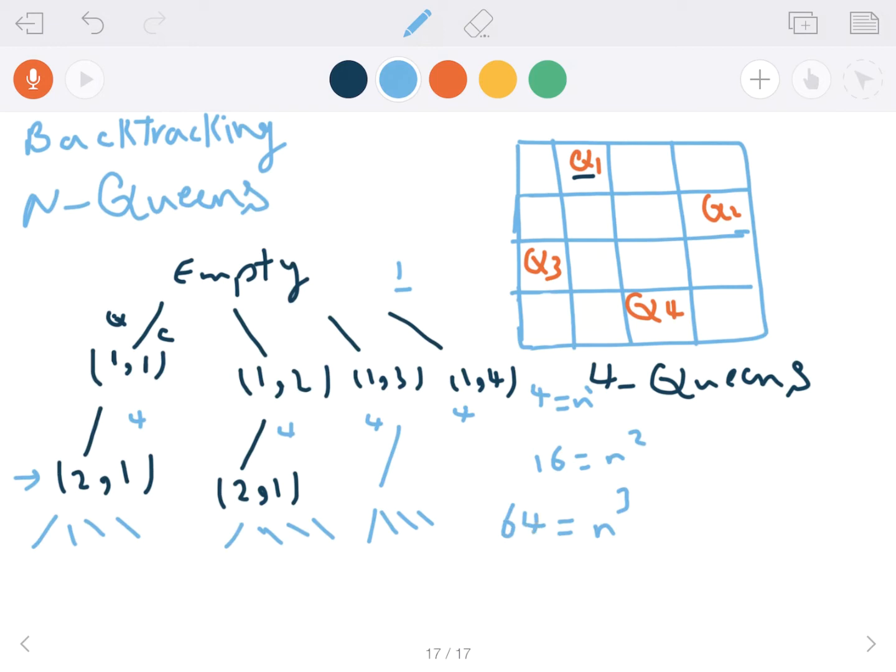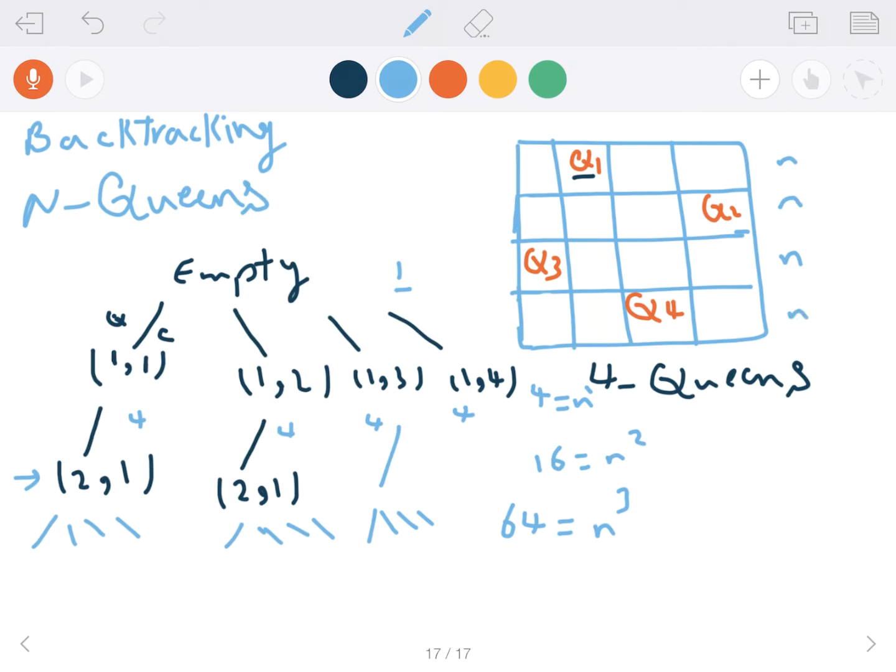The thing is that I can put the first queen here, so I have n ways to put it. I have n other ways to put the queen here, n columns to put the queen here, and also n here.